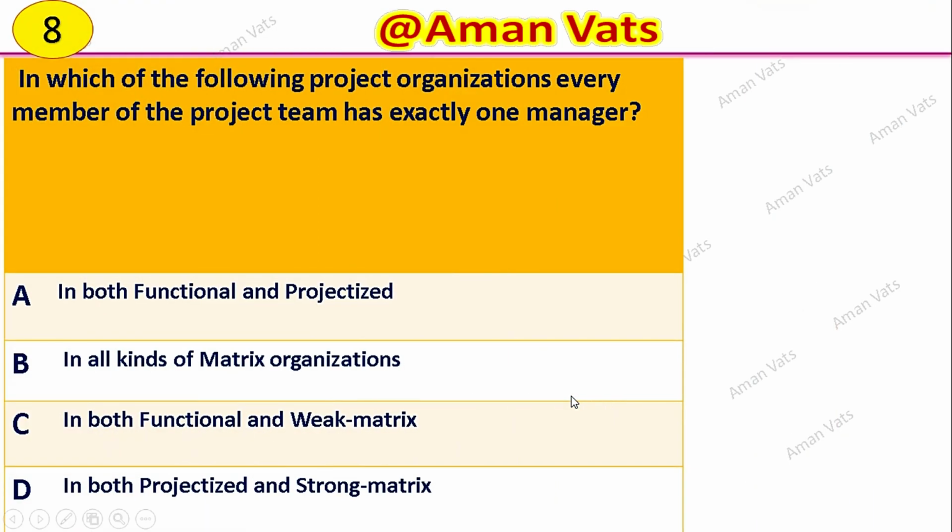Question number 8. In which of the following project organizations does every member of the project team have exactly one manager? Pay attention to exactly one manager. Okay, and time starts.